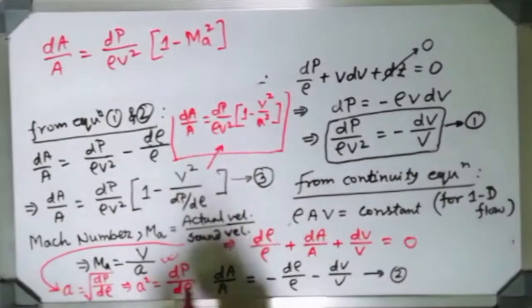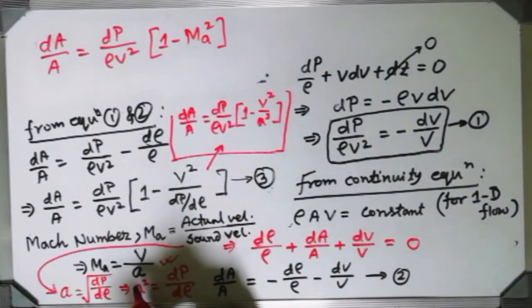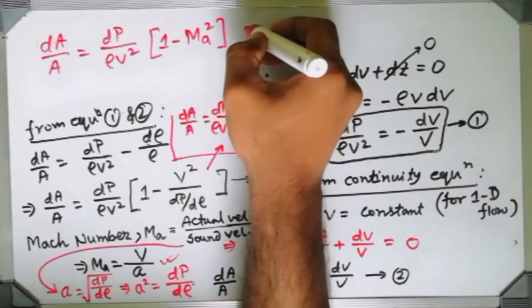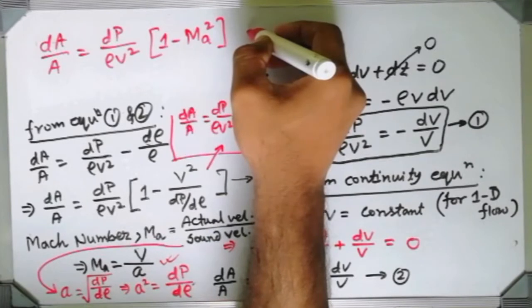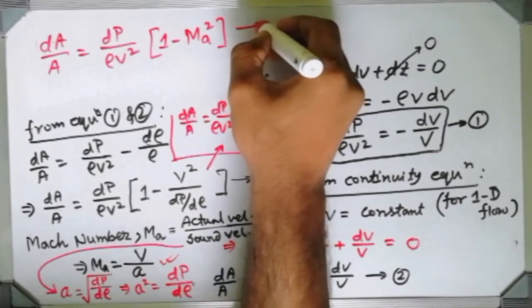Because Mach number is v by a. So this is the expression what we need. Name this equation number 4.